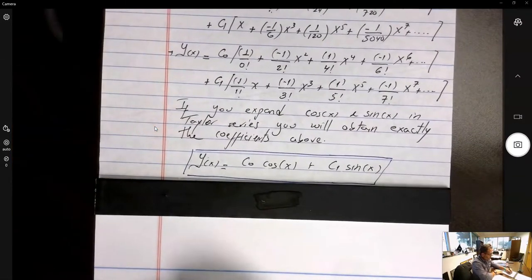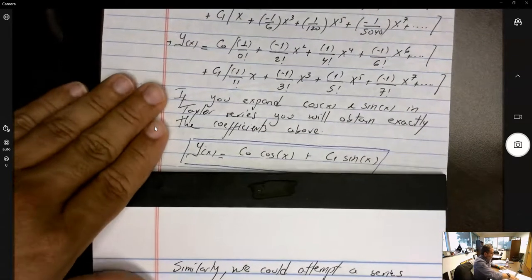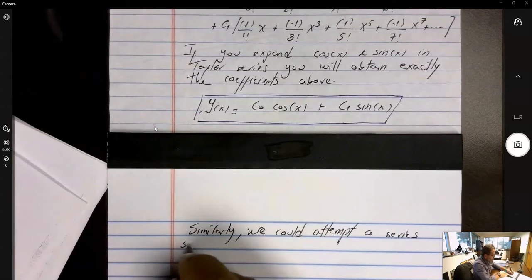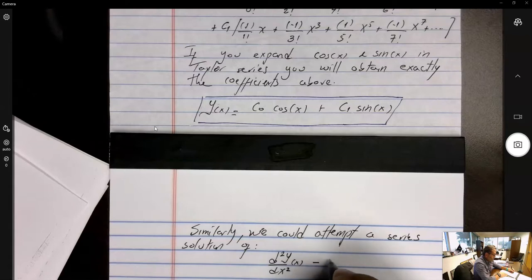So similarly, we could attempt a series solution of the second derivative of y with respect to x squared minus y of x is equal to 0.